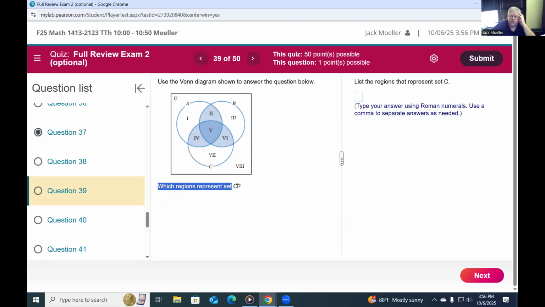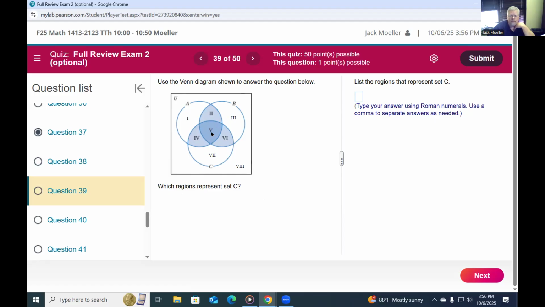Okay, so which regions represent C? All right, if you tell me 7, you've just given me the most common wrong answer, because that is definitely in C, but it's not in any of the rest of them, so that is C only. If you want C, it's the entire circle.